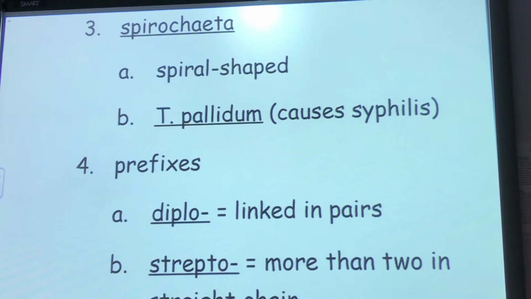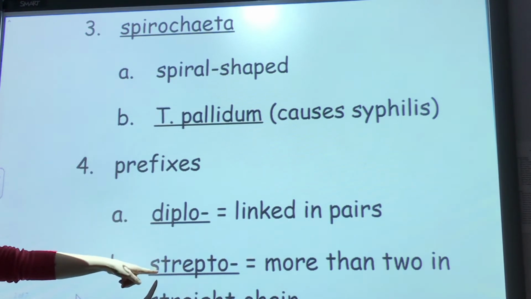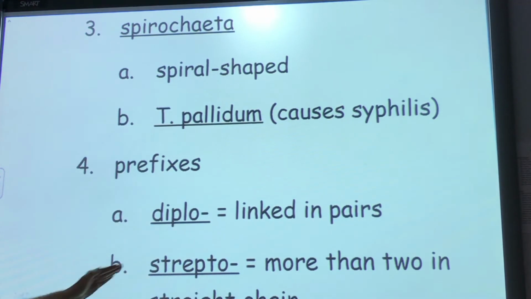All right, another way these things group together is something called strepto, okay? And this just means it's a lot like diplo, only it's more than two. And they line up in a straight chain.